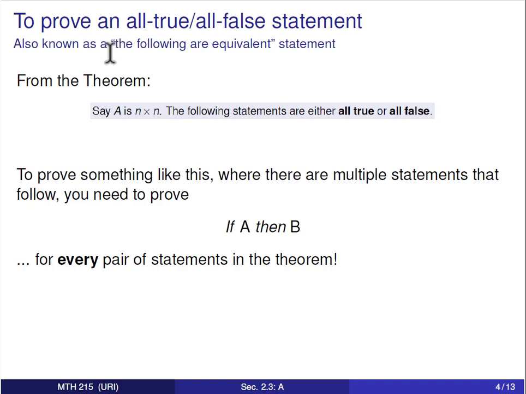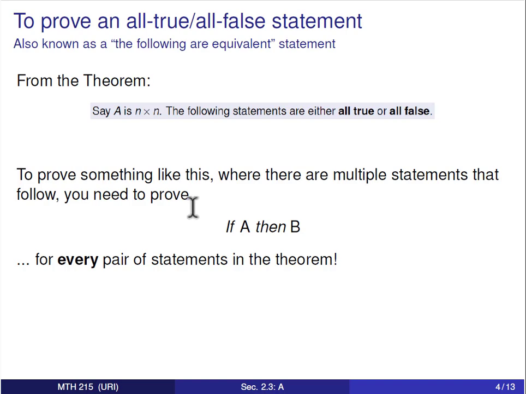You can see it sometimes in some math texts as the following are equivalent, and then you'd see a long list of statements like the one we see here. Both of these are the same thing. What they mean is that no matter which statements you're looking at, if one of them is true, then they're all true, or if one of them is false, then they're all false.